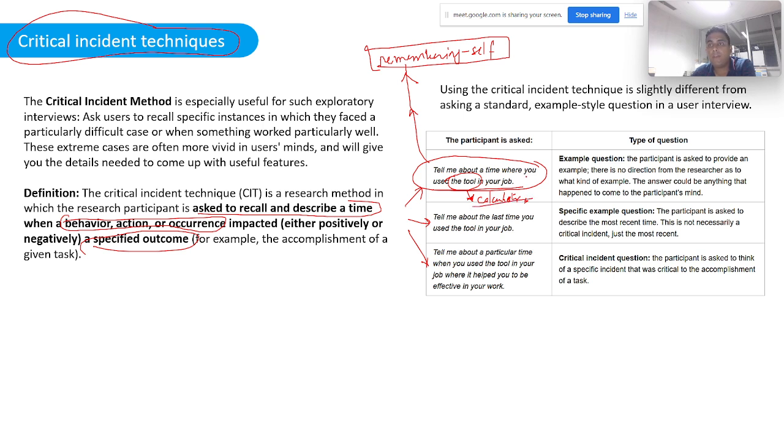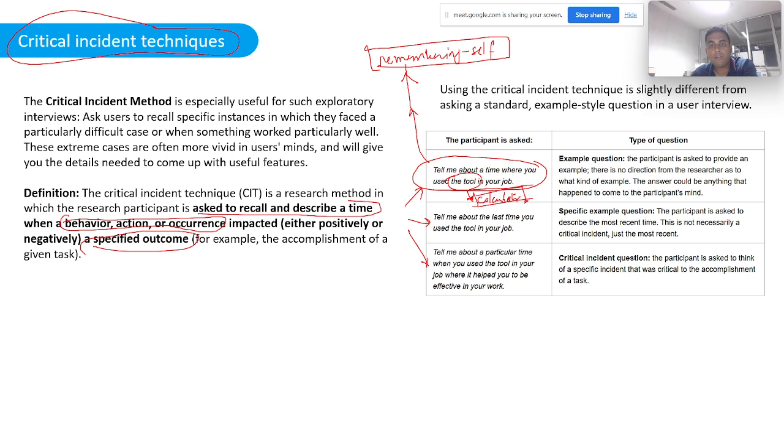So he may give an answer like, I use the calculator most of the time, and often I use it for my maths class, or I do accounting jobs. That's why I use the calculator very much in our daily life. Okay. So those kinds of generic answers they can give.